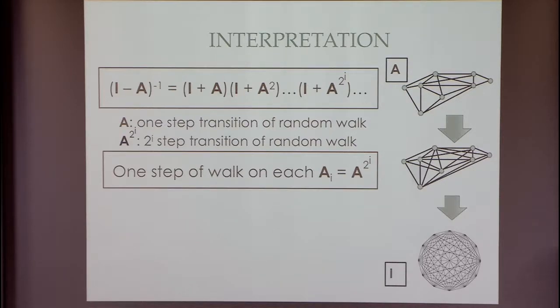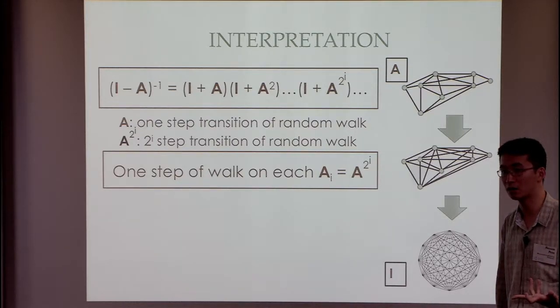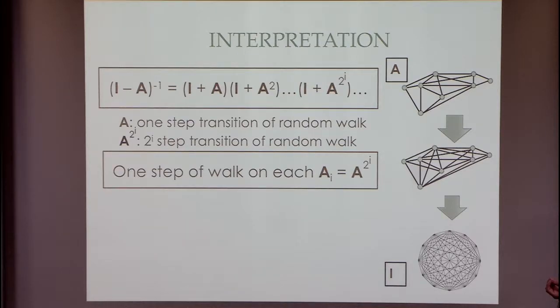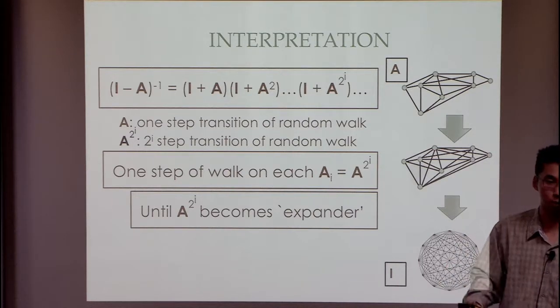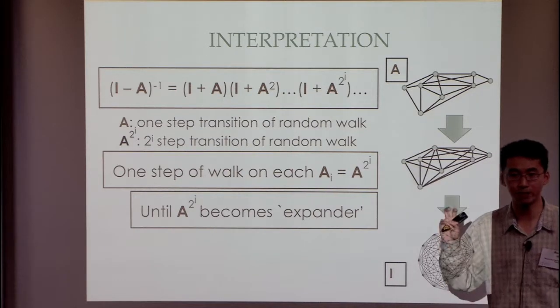So I take 1 step of the 2-step random walk matrix, 1 step in the 4-step random walk matrix, 1 step in the 8-step random walk matrix, and so on. And I just do this until my powered random walk matrix becomes, in some sense, an expander. It's rapidly mixing.